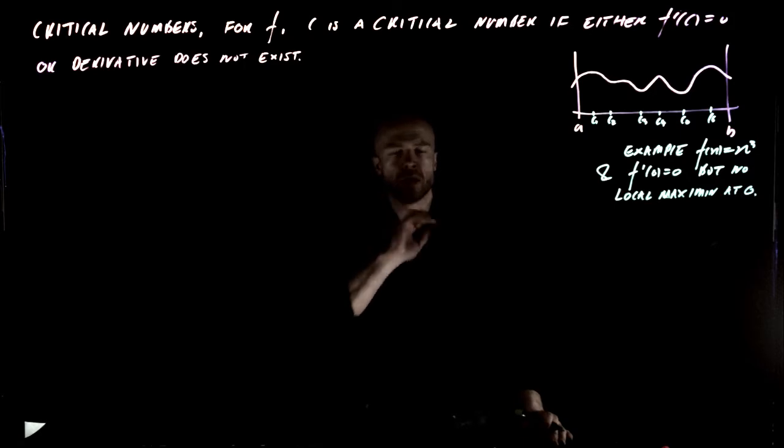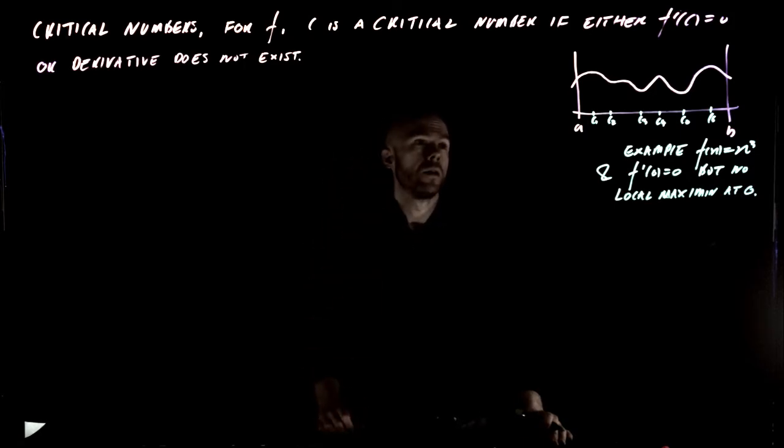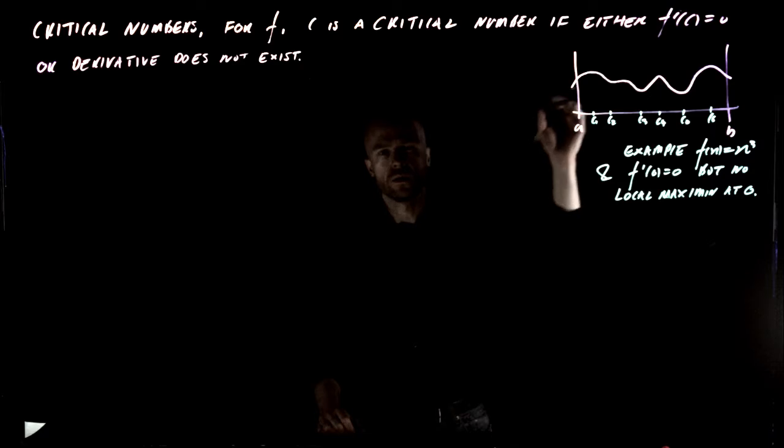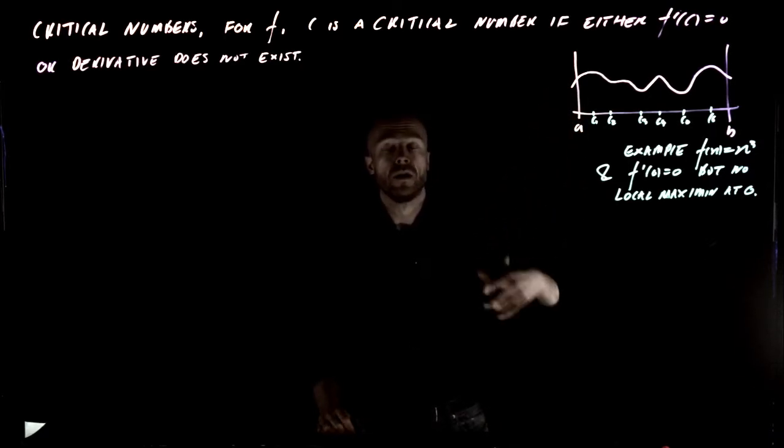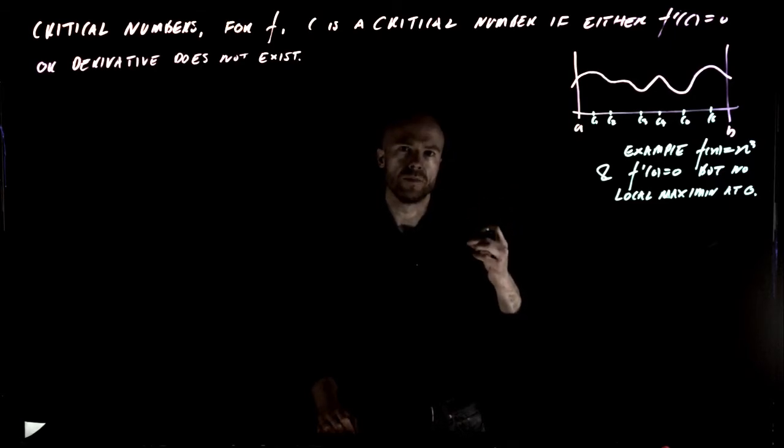So it's only a one-way relationship. We know that if we have a local max or local min, then it must live above a critical number, but not the reverse. Not that above every critical number there is a local max or local min, right?